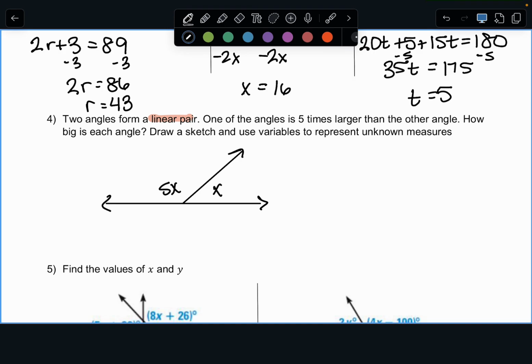But the word that I highlighted, linear pair, really tells me everything that I need to know. Linear pairs are what? They add to what? Yeah, 180. They're supplementary. So 5x plus x has to be equal to 180.